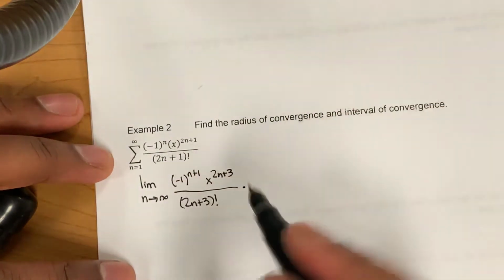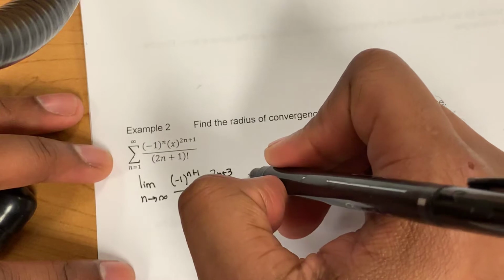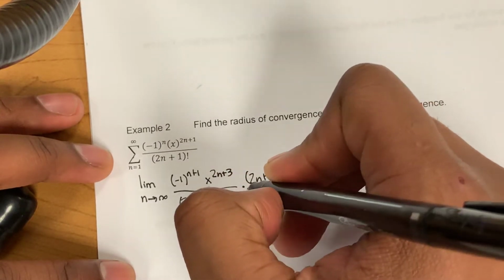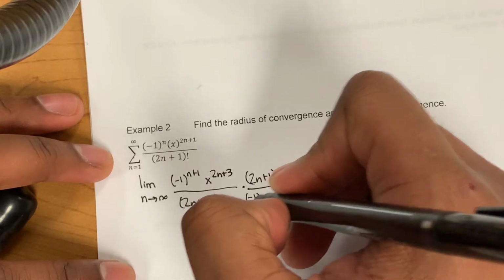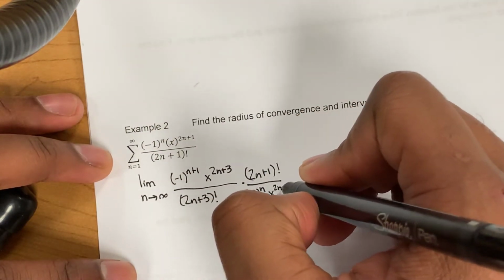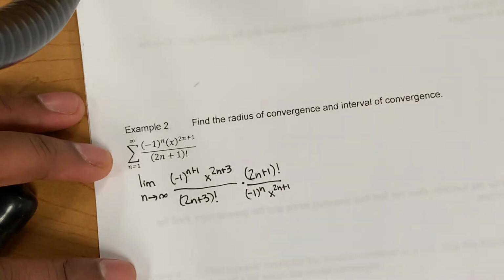And when we divide by a_n, we're going to be dividing by 2n plus 1 factorial over -1 to the n times x to the 2n plus 1 power.